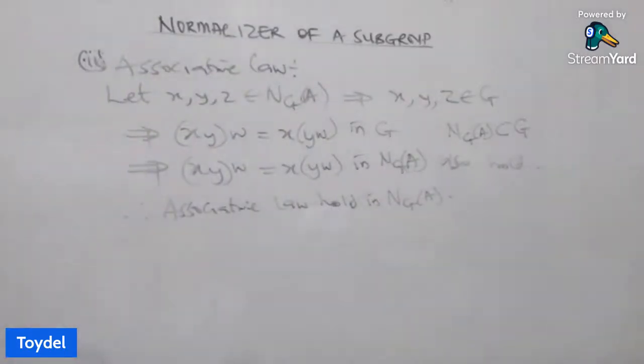So we can generalize that the associative law holds in the normalizer of that group.